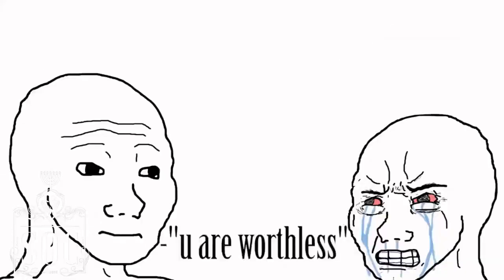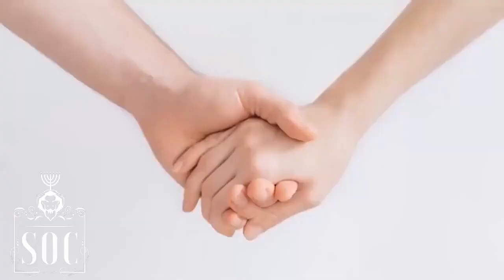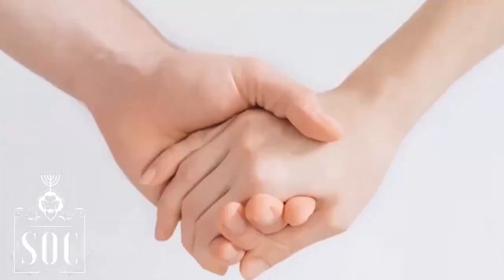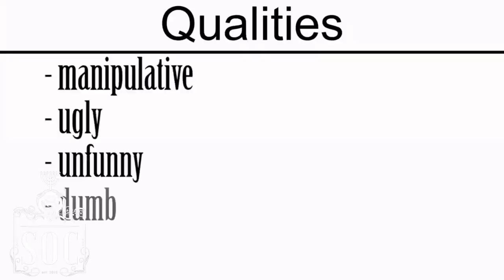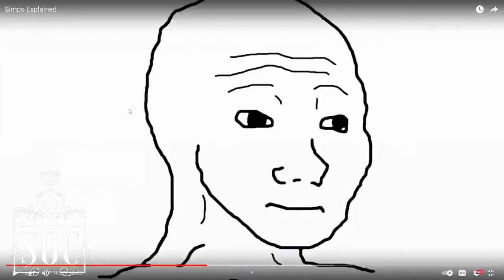A simp belittles himself so much that he will bend over backwards for any human companionship. It can be human companionship with someone with no redeeming qualities. You know what that means, simp, when it says somebody with no redeeming qualities? Meaning what you give in, you don't get back. Okay?